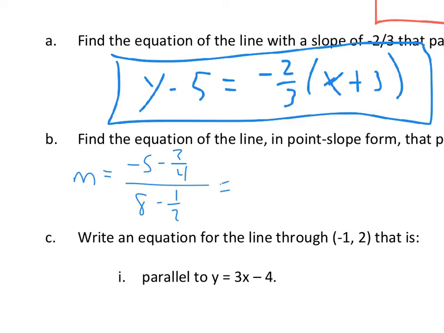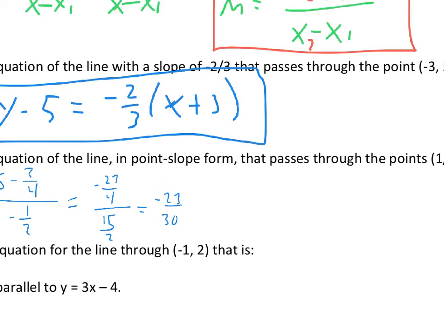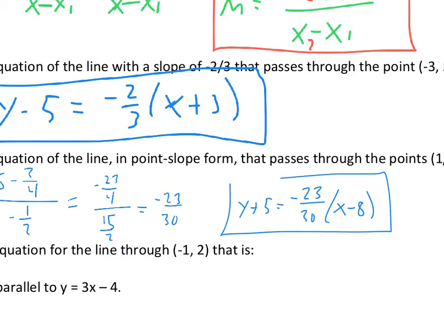Okay, our numerator is -23/4 over 15 halves, which, saving us some time, does simplify to negative 23/30. You're going to see me do random things on here because I'm still getting used to this particular app. And now you can use either point that you want and use your point slope, y plus 5 or y minus negative 5 equals our slope, negative 23/30 times x minus x1, which is 8. And again, you can just leave it in that form.